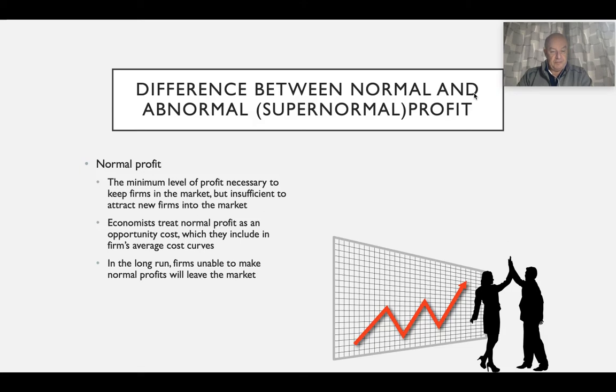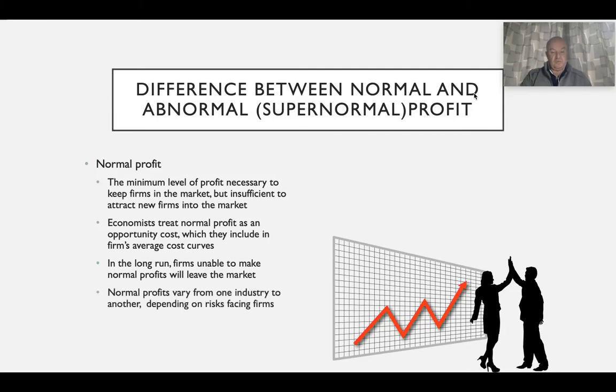So in the long run, firms that are unable to make normal profits will choose to leave the market, because clearly they're not allocating their resources as well as they could do. They might be spending significant amounts of money trying to achieve that scenario, but in the long run they are going to leave the market if they're not able to make at least normal profits.